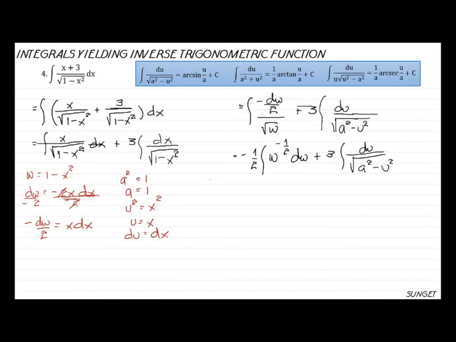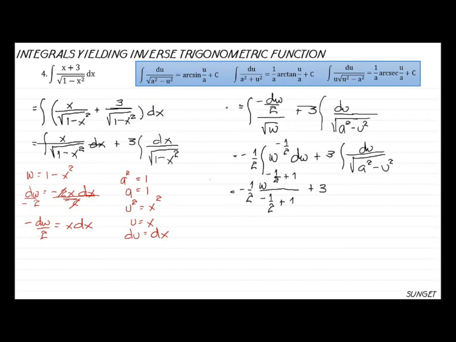So integrate. So we have negative 1/2 integral of w raised to negative 1/2 dw. So we're going to use the power rule. So w raised to 1/2 plus 1 over negative 1/2 plus 1, plus 3 times the integral of du over square root of a squared minus u squared.